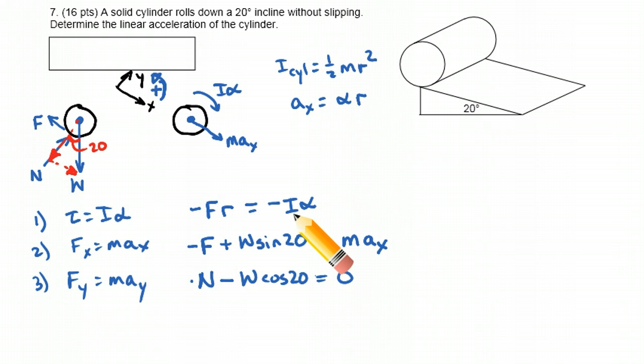And we have an equation for I. So these two will hopefully give us an equation for acceleration in x. So I'm going to use this one first. It doesn't really matter which one we do first. Let's go ahead and solve this one for F. So F is going to be I alpha over r.